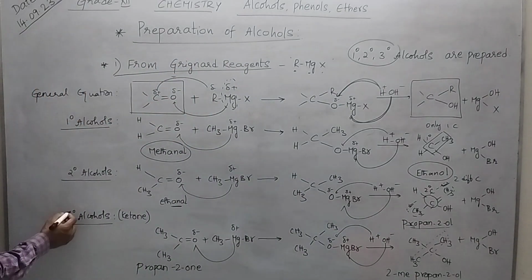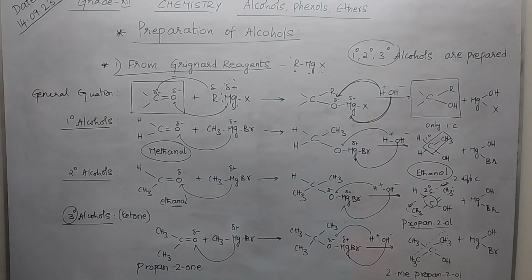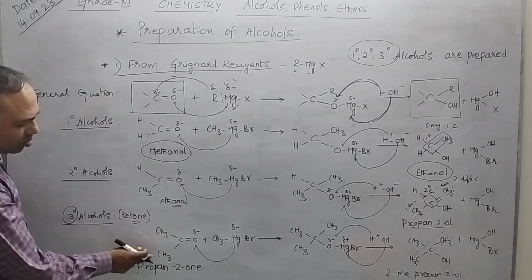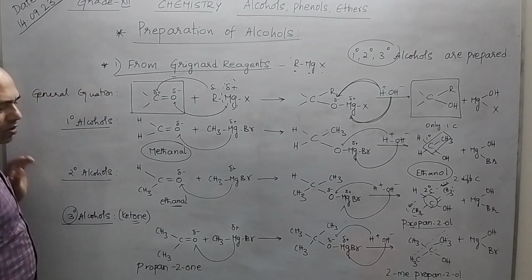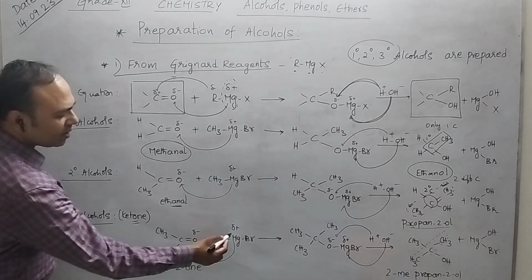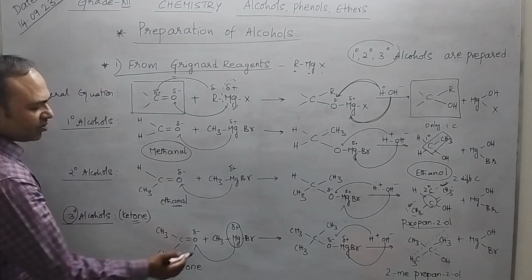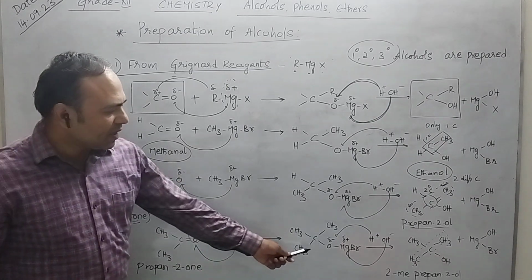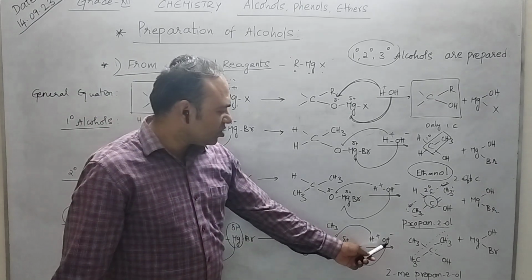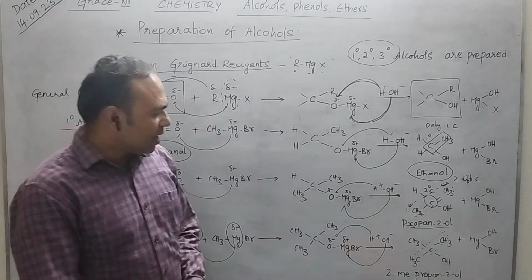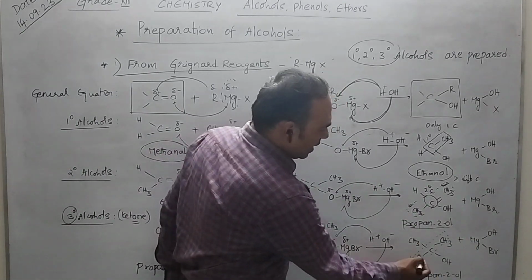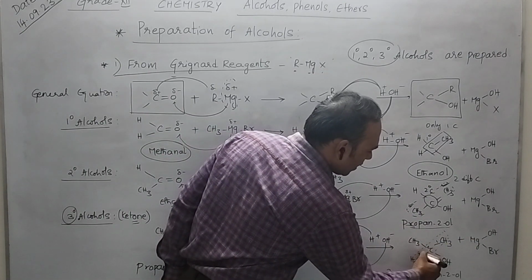Now the last one, how do you prepare tertiary alcohol? The starting material is a ketone. That means the carbonyl group is surrounded on either side with a methyl group. This is nothing but propan-2-one. Again the same thing, partial positive Mg plus will combine with partial negative O minus. You get an intermediate like this, and on hydrolysis OH minus will link with Mg plus, and you are going to get this compound. MgOHBr is a byproduct, and you will get the tertiary alcohol.